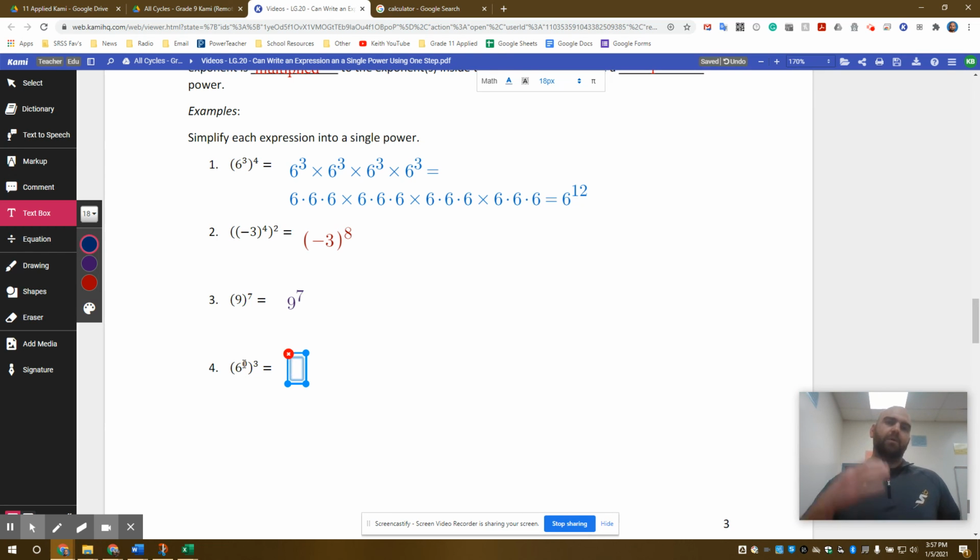Anything multiplied by 0 is 0. So our new power is 6 to the power of 0, which is still 1. So it doesn't actually change anything. It's just 1 to the power of 3, which is 1, and 6 to the power of 0 is 1. That one doesn't really change, but we're still multiplying the two exponents together to create a simplified power.